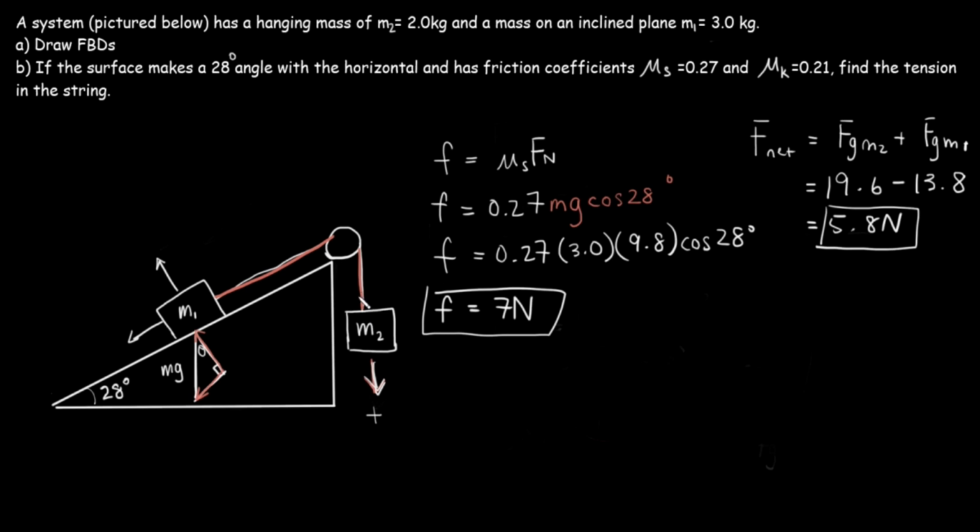So that means you can just choose one of the two objects to find the tension for. And the easier one would be M2, since the only force acting on it is gravity and tension. If you choose M1, well, you're going to have to worry about the force of friction, as well as gravity and tension. So let's write an equation for the net force of M2.